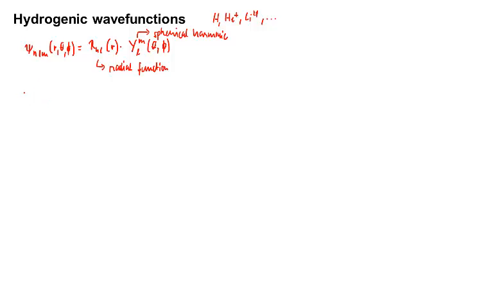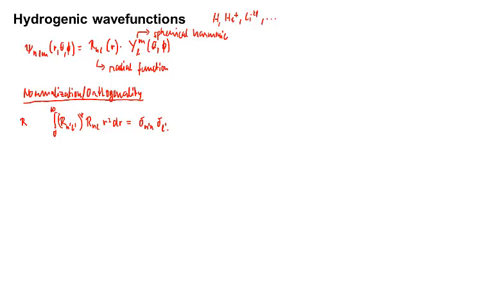Let's write this out. For R, the normalization and orthogonality integral is the integral from 0 to infinity of R_n'l' complex conjugate times R_nl times r² dr equals δ_n'n times δ_l'l.